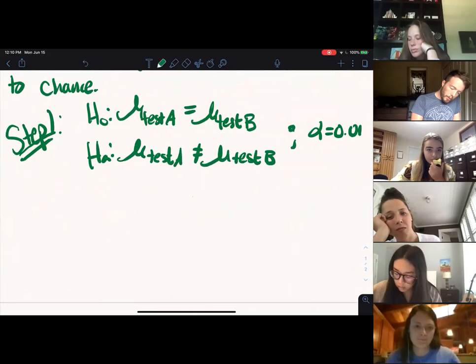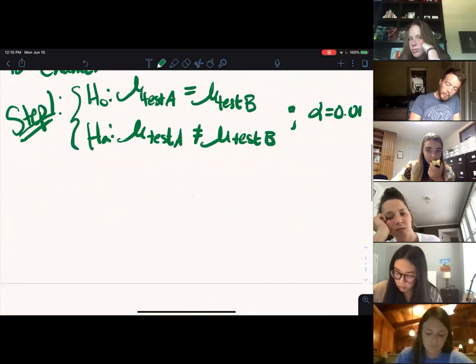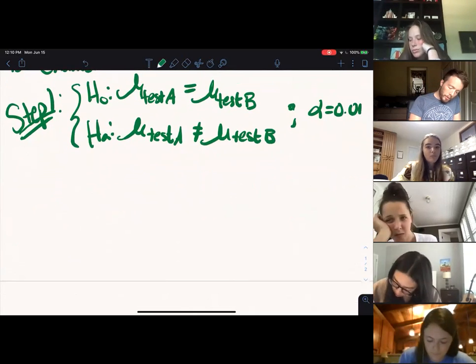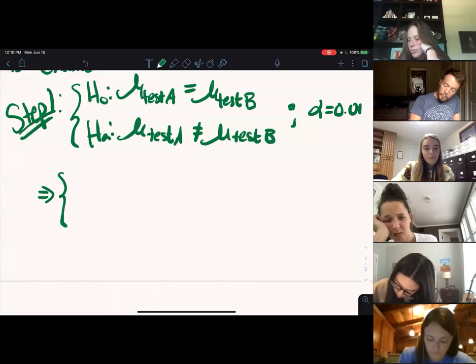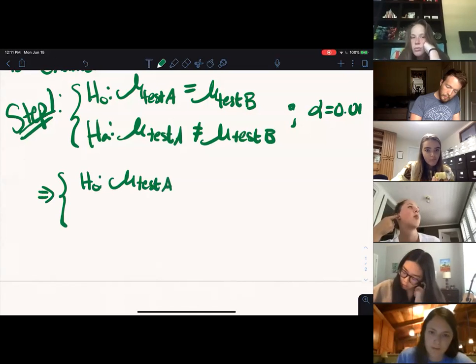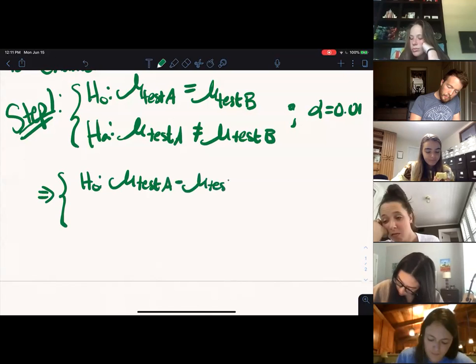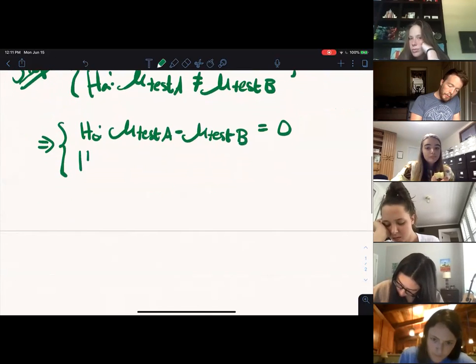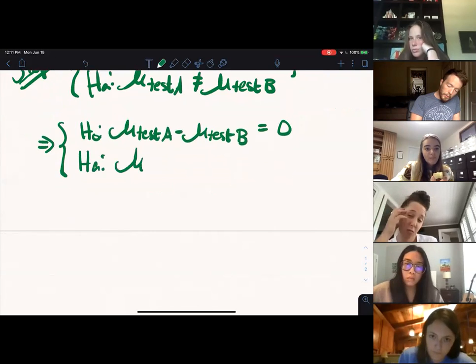So this was a trick that we learned last time with these two means being equal or not equal, which is we'll subtract one mean to the other side, to say that their difference is equal to 0 or it is not equal to 0.